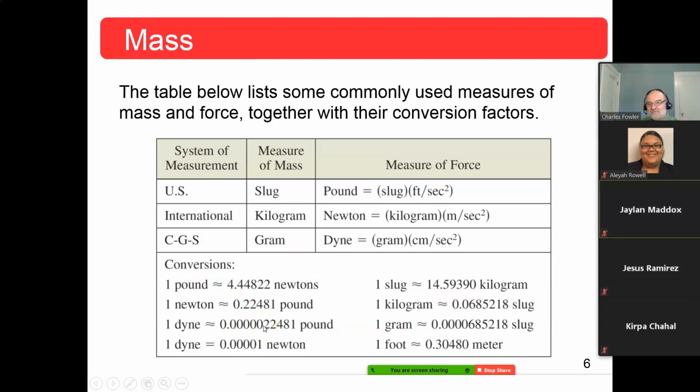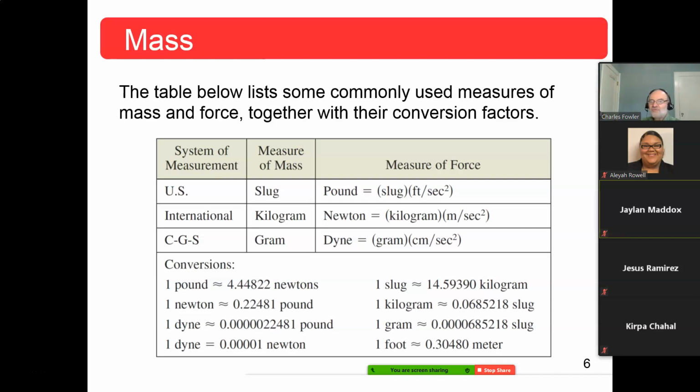And like it said here, this is exactly 10 to the 5th. A dyne is 10 to the minus 5 newtons, or 1 newton is 10 to the 5th dynes.